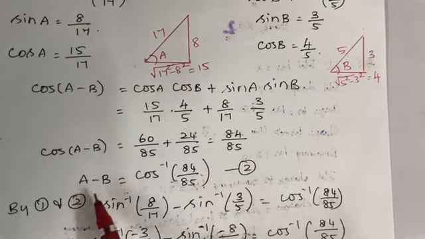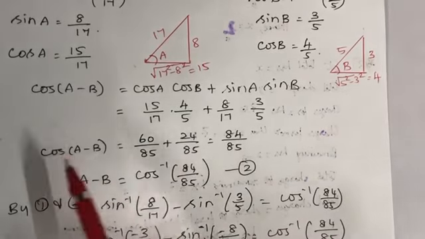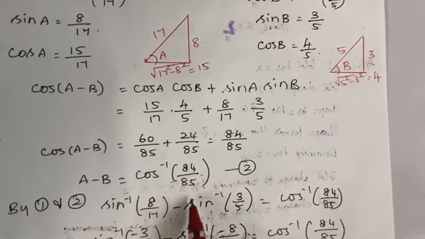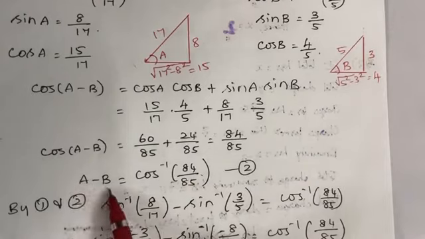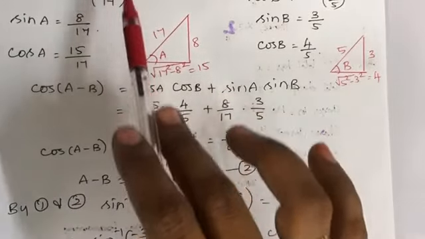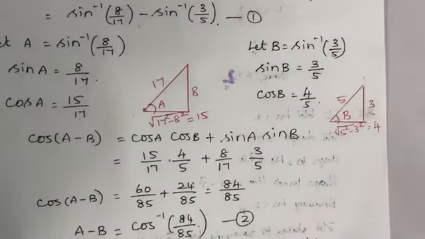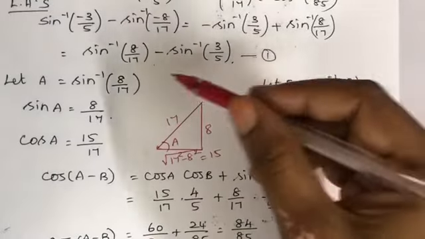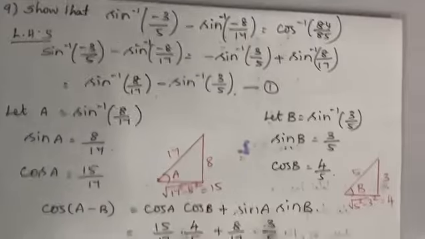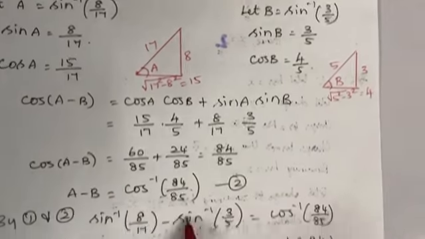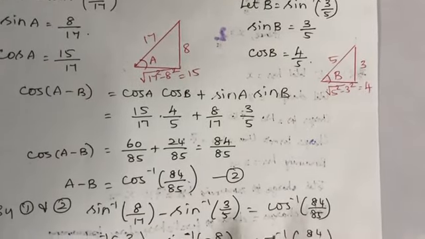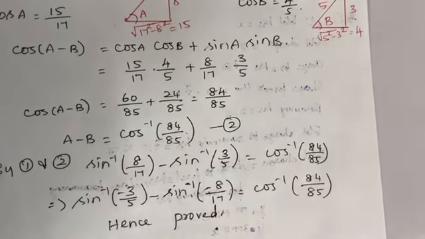That is, A minus B is equal to cos inverse of 84 by 85. A minus B, that is sin inverse 8 by 17 minus sin inverse 3 by 5. So that is equal to the given expression, and instead of this we can substitute the given expression, and hence we have proved the result.